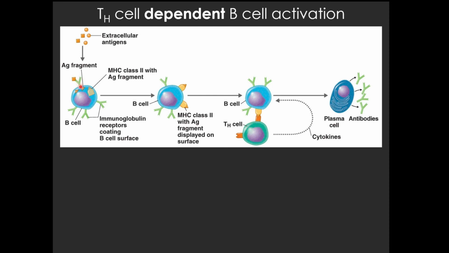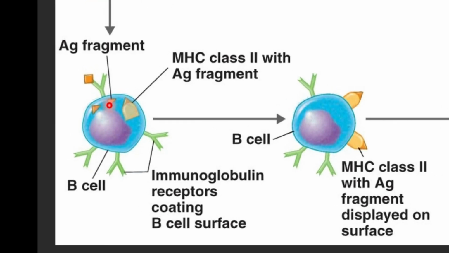We have a B cell that simply has those B cell receptors. So what will happen when that antibody binds antigen, the whole complex will be engulfed into the cell, and then those antigens that have been bound will be placed into an MHC class II molecule, and then that MHC class II molecule will move to the surface of the cell.